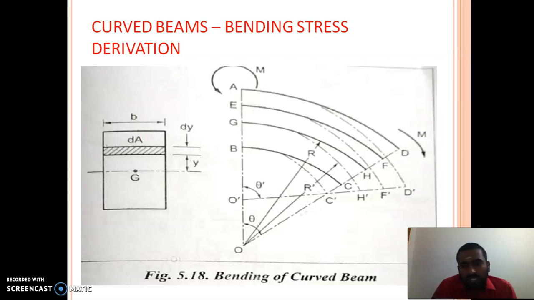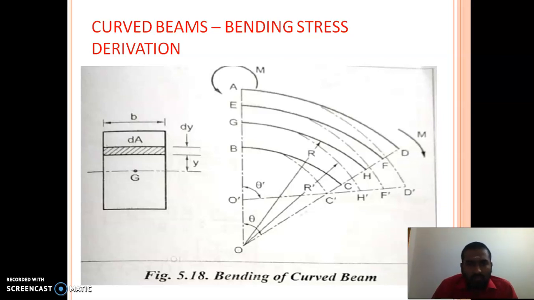Only CD will be deforming. After it undergoes deformation, the beam will look like A, B, C dash, D dash, and GH the central axis will change into GH dash, and the layer EF at distance y from the central axis will be EF dash. Now the radius of curvature will be changed. That radius of curvature is mentioned here as R dash.